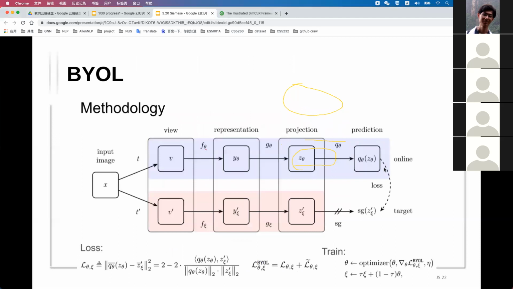Okay, so the methodology: the difference between the two is that it has one more thing. Besides the projection, it also adds one more layer called prediction. Let's introduce it from the start. First, we input two images.